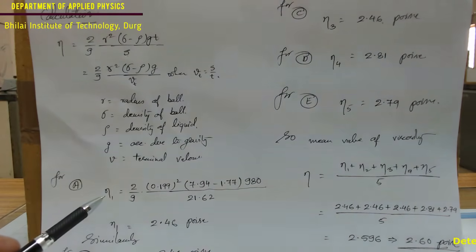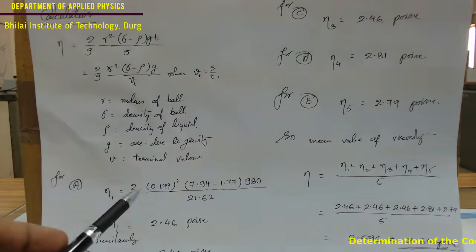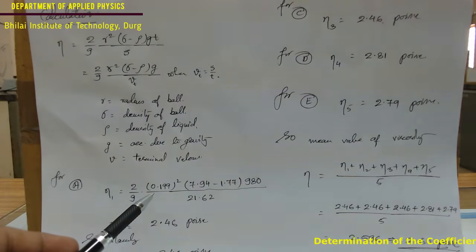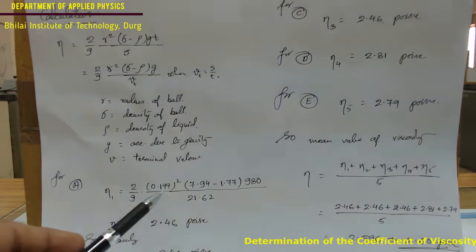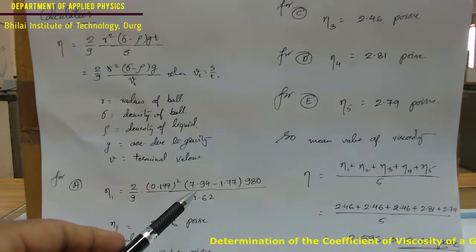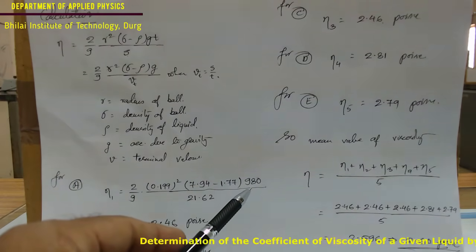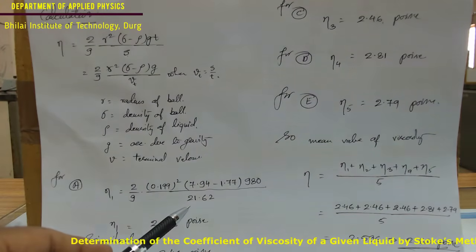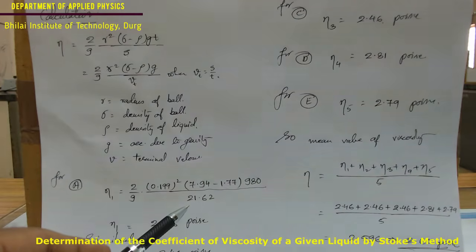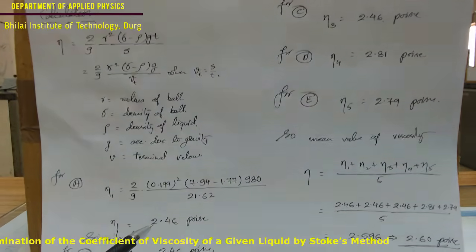So we show eta 1, the viscosity for the first ball, that is ball number A. It is equal to 2 by 9 multiplied by the radius of the ball squared, that is 0.199 square, multiplied by sigma, that is 7.94, minus rho, which is equal to 1.77, multiplied by g, that is 980 centimeter per second square, divided by the velocity, that is 21.62 centimeter per second. When I calculate it, the value comes to be 2.46.